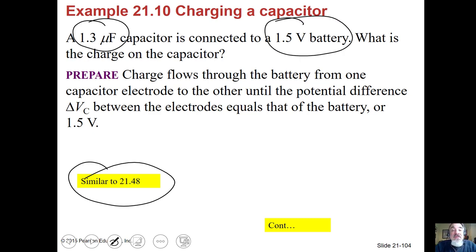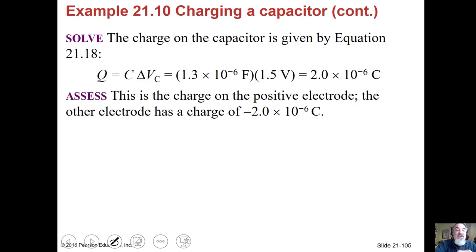What is the charge on the capacitor? Okay, so we know the voltage, we know the capacitance, we now have the relationship between capacitance, voltage, and charge. So Q would be C times delta V. We're assuming that it's completely charged. So multiply those together, and you end up with an amount of charge, 2 times 10 to the minus 6th.